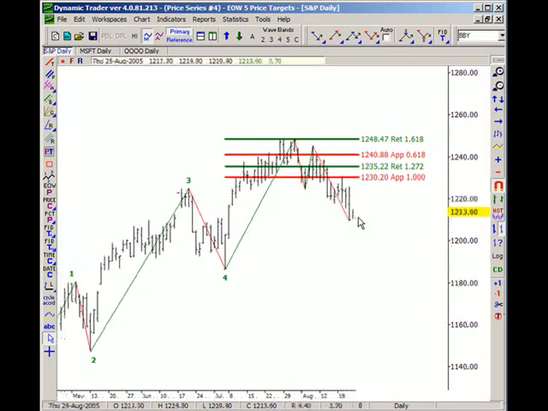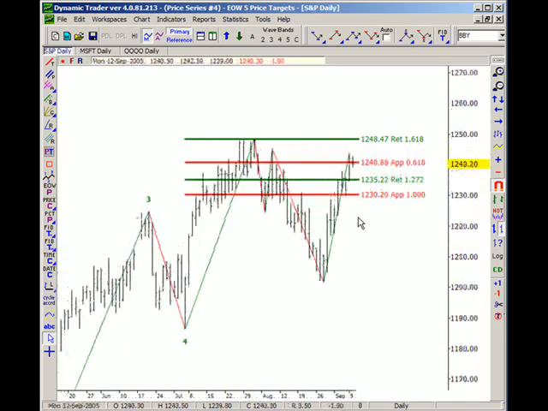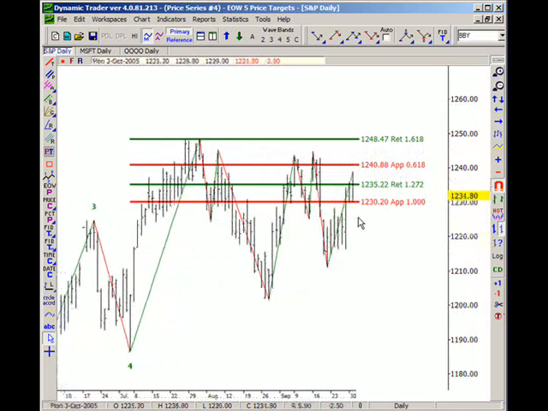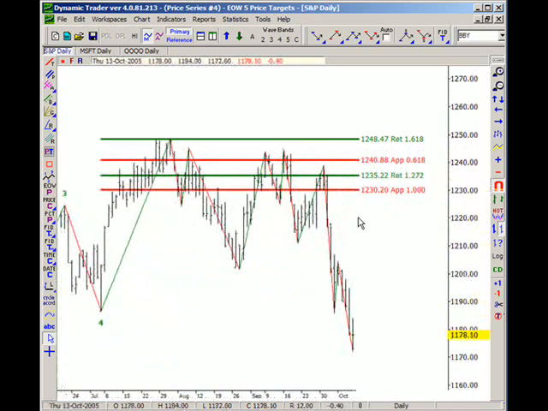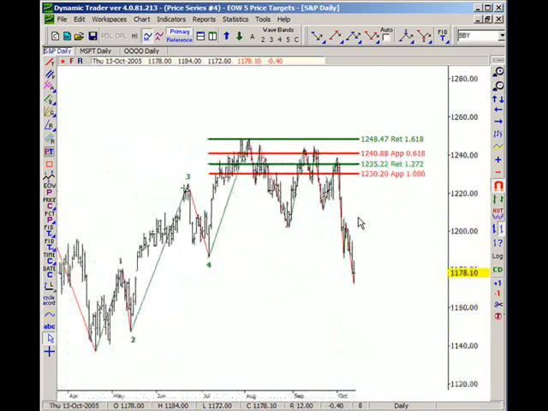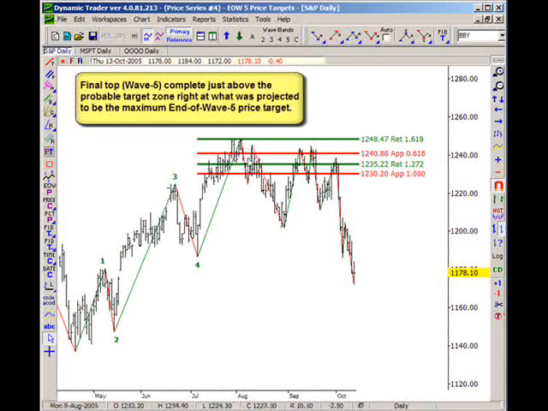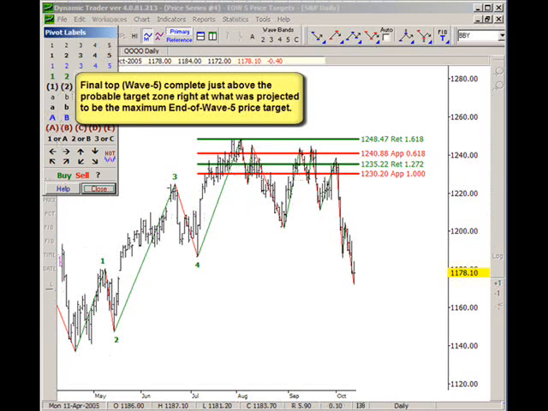And now we're well below the zone. I'm going to add quite a few more bars on. Well, a pretty sharp decline from the exact target zone that we projected in advance as probably ending this 5-wave advance. So let me go ahead and add a number 5 on here.